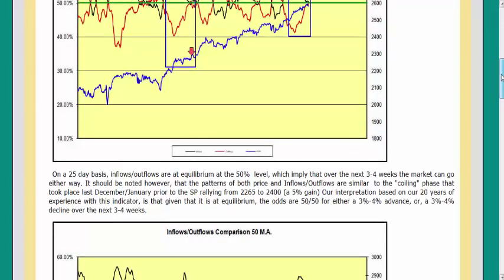What I do want to point out, though, is that if we do get a 3 to 5% advance, it will be based on buying interest on even a fewer number of stocks. That is the big cap stocks making up the S&P 500.